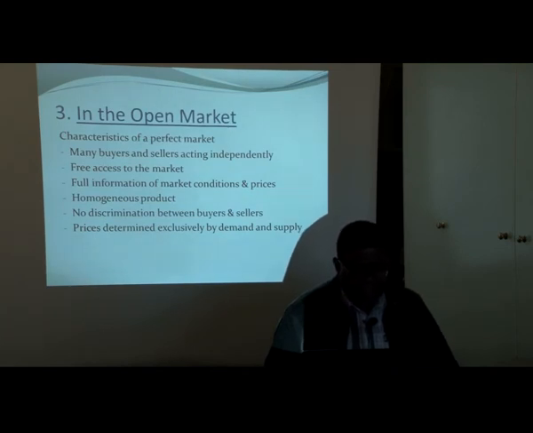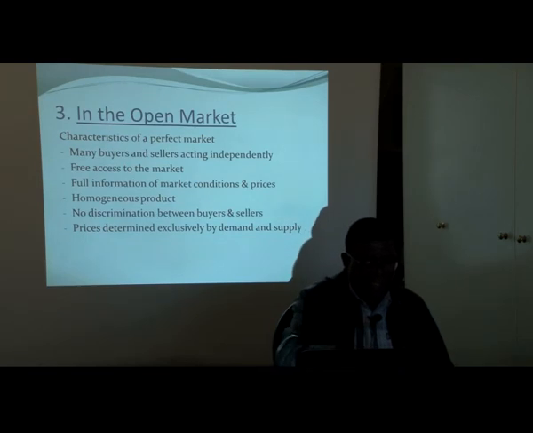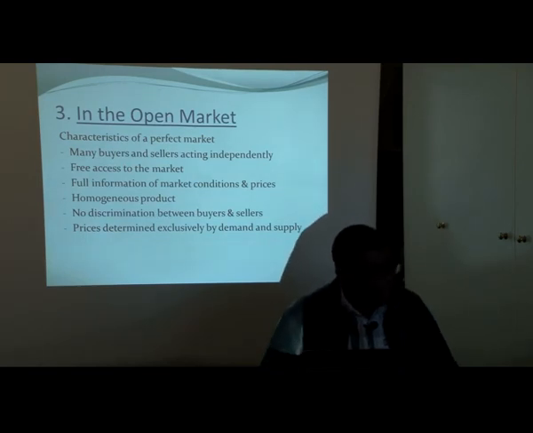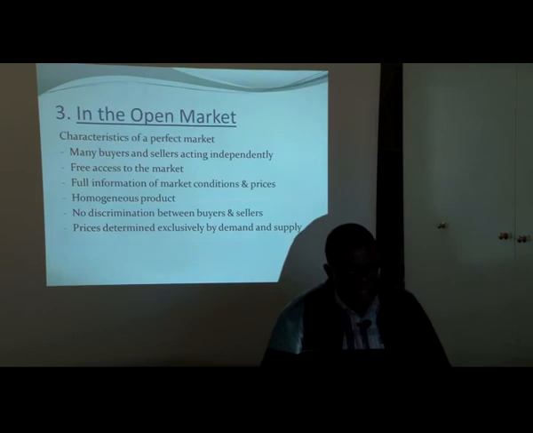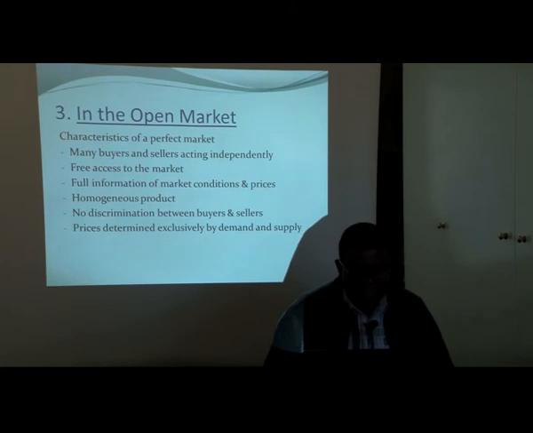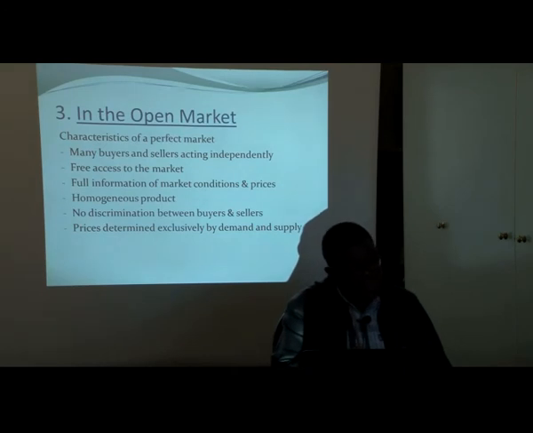so the general open market for a perfect product assumes a perfectly competitive market, which has these characteristics. In a perfect market, there are many buyers and sellers acting independently. There is free access to the market. There is full information of market conditions, and usually the product is homogeneous. So you realize that most of these characteristics do not apply to property.